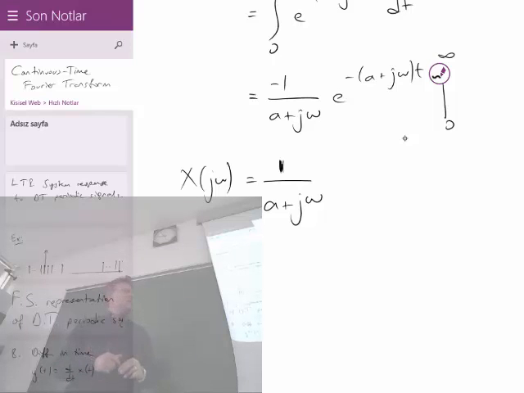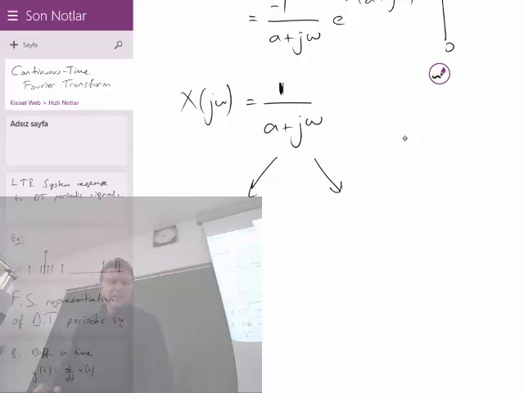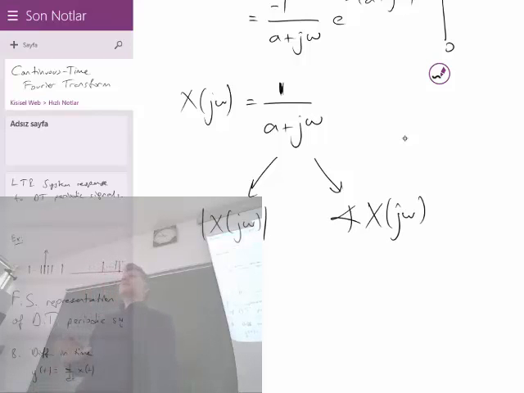Is this a low-pass signal? Is it a high-pass signal? What would you say? The low-pass, high-pass things are evaluated with respect to the magnitude of X of j omega and the angle of X of j omega. The angle doesn't represent anything.